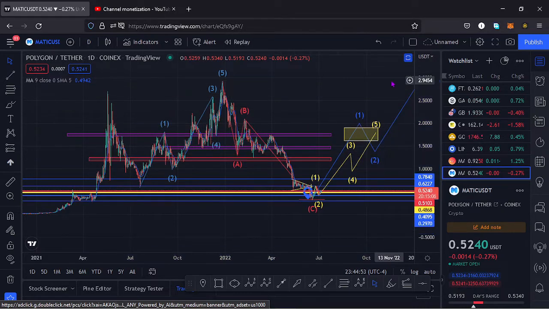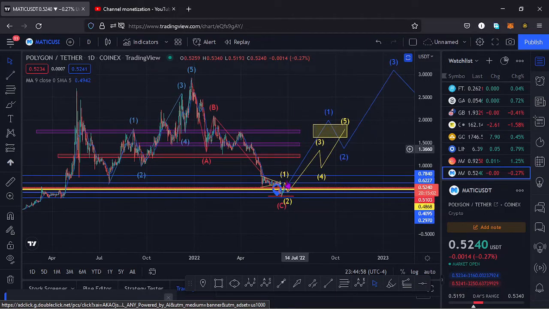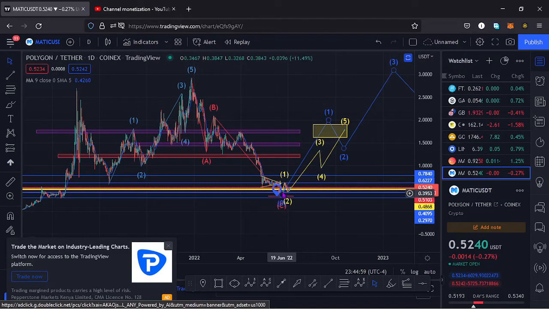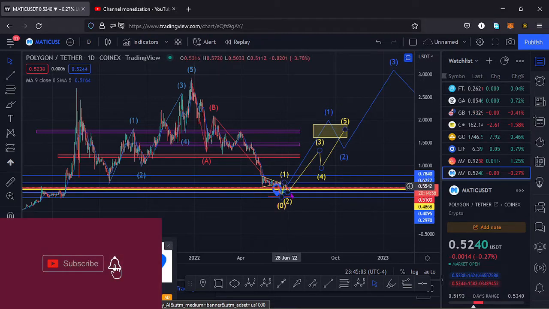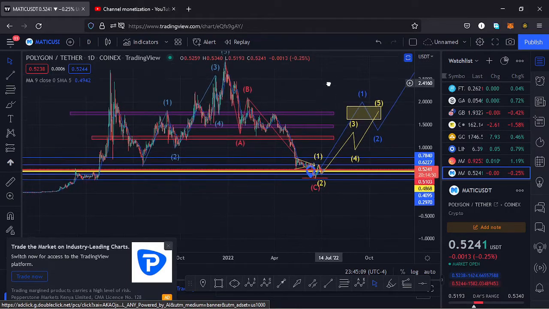And before we get to that target area, I also expect to see fractal waves in that wave 1, that is a wave 1, wave 2, wave 3, a wave 4, and a wave 5 within a wave 1, and I believe that is what we are in at the moment.